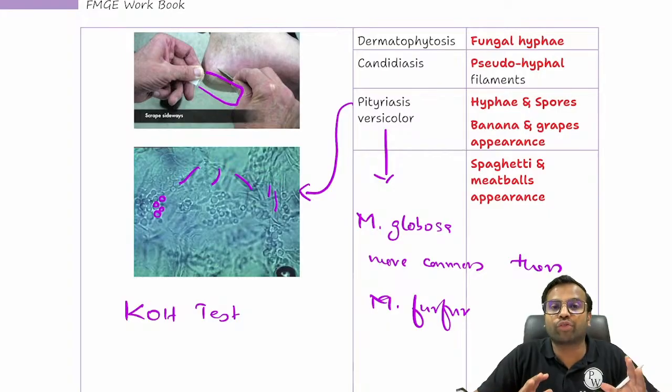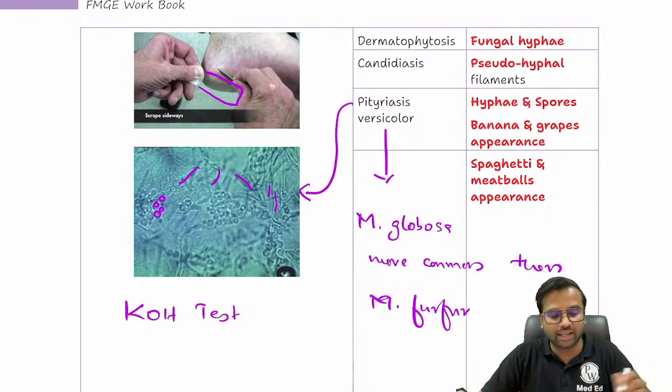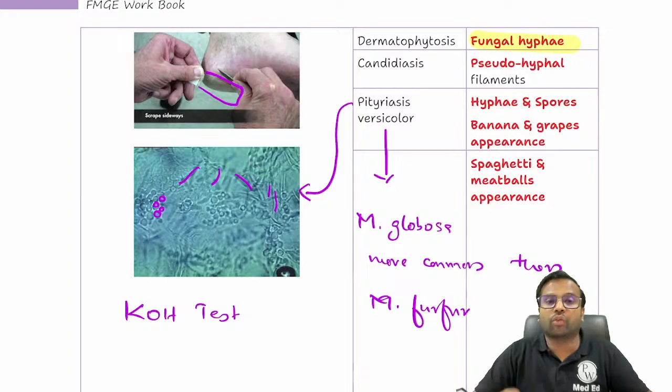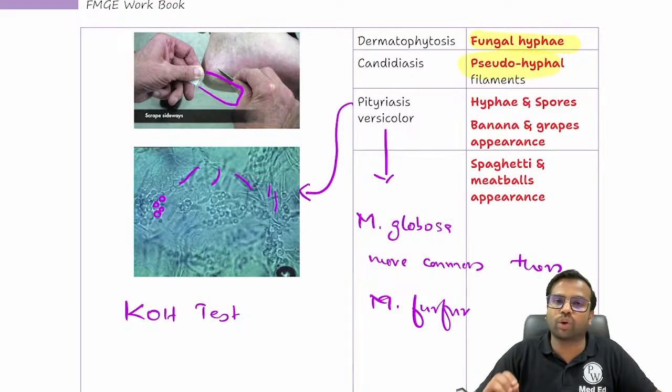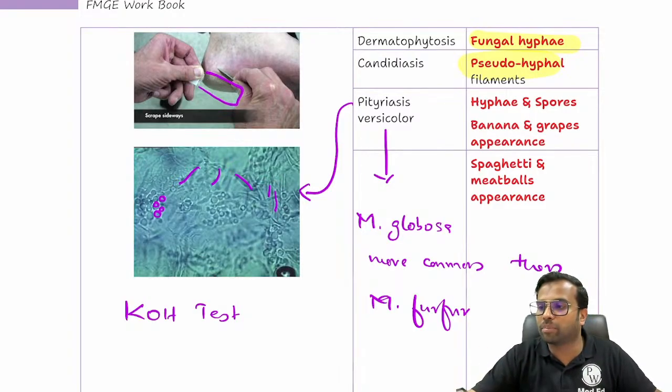Like in dermatophytosis, you will always find fungal hyphae. Whereas in candidiasis, you can always find pseudo-hyphal elements. Okay, pseudo-hyphal filaments can be seen. So hyphae, think about dermatophytosis. Pseudo-hyphae, think about candidiasis. And also spaghetti and meatball appearance means you always think about Pityriasis versicolor.